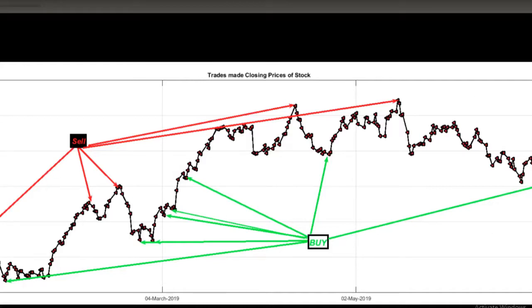I built this graph for visualization on MATLAB to mark the arrows. These are the points where the sell call happens, and these are the points where the buy signal happens in my data.